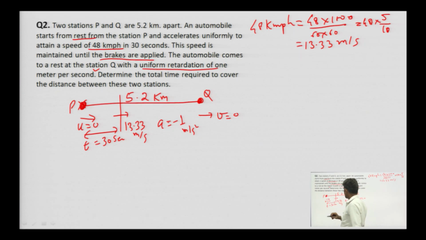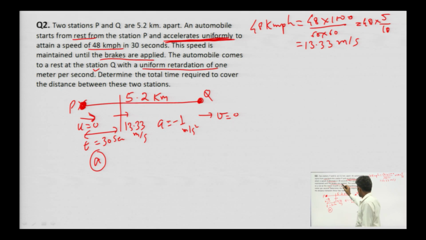At point P, the automobile starts from 0, and during that there is an acceleration. Accelerate uniformly, okay, uniformly means a uniform acceleration is there, till the speed of 48 kilometer per hour.